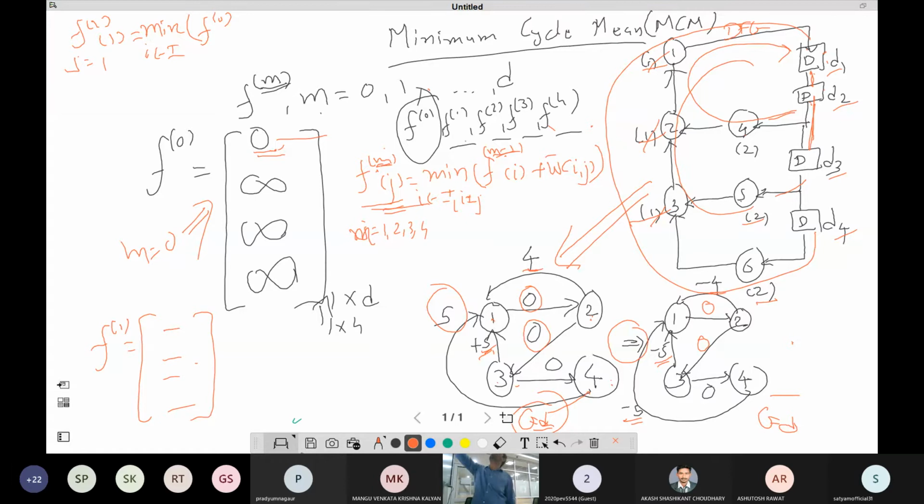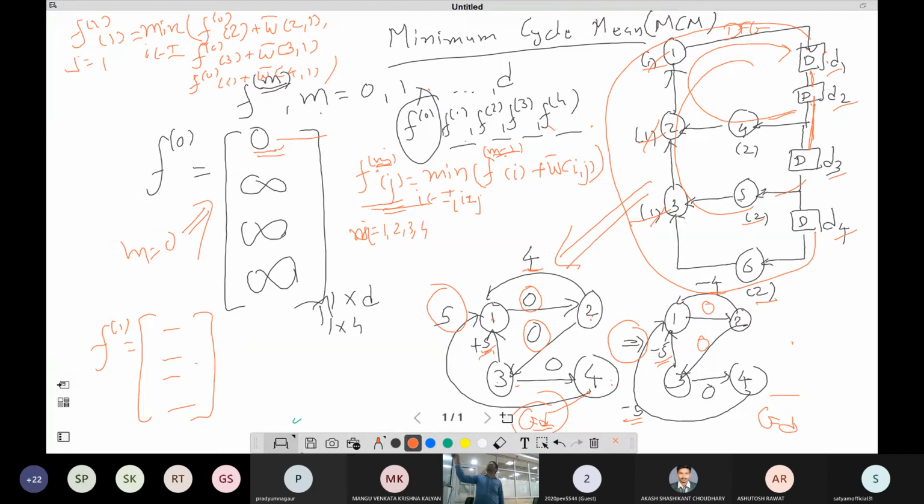I need to take i equal to 2, 3, 4. So f of 0, 2 plus w bar 2, 1, f of 0, 3 plus w bar 3, 1, f of 0, 4 plus w bar 4, 1.